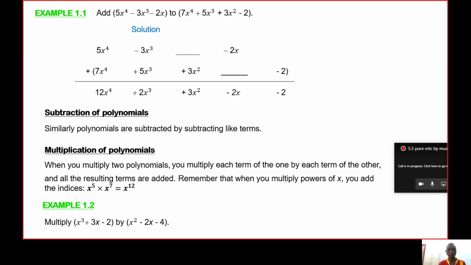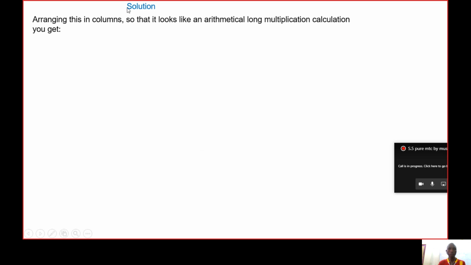So when we are to multiply that, let us go to the next page and see how to multiply. Now in the solution, we arrange this in columns so that it looks like an arithmetical long multiplication calculation. So you rearrange like we did during addition.